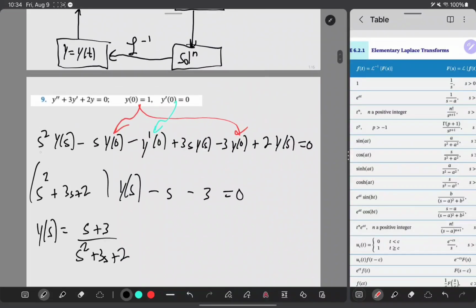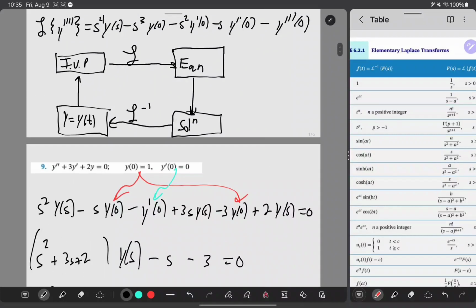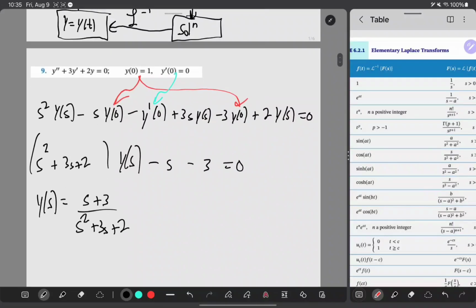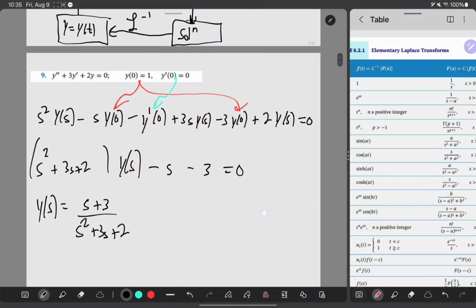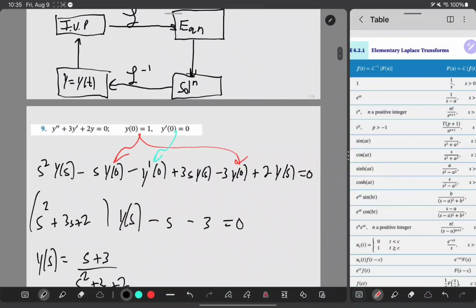This is our equation. This is after we take the Laplace. We're taking the Laplace of y, y prime, y double prime. We get our equation, and then we get our solution, and then we take the inverse Laplace. So it's one big cycle.